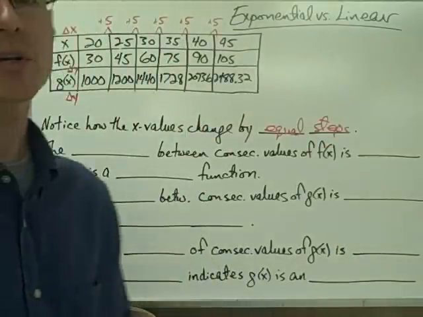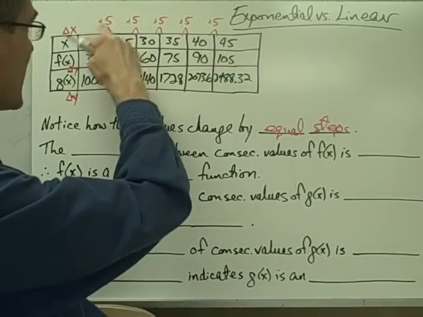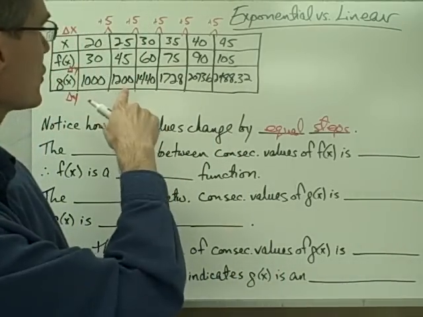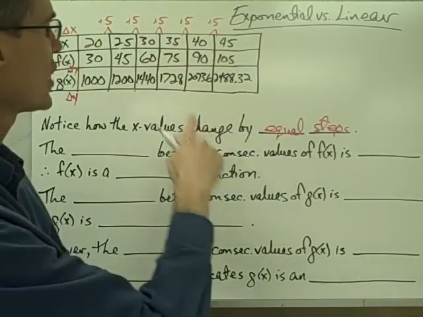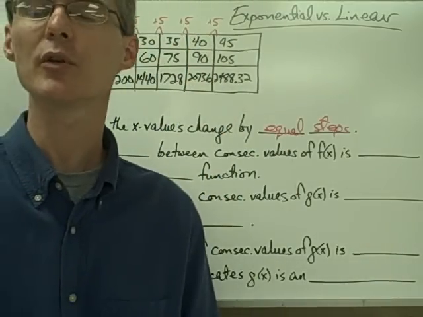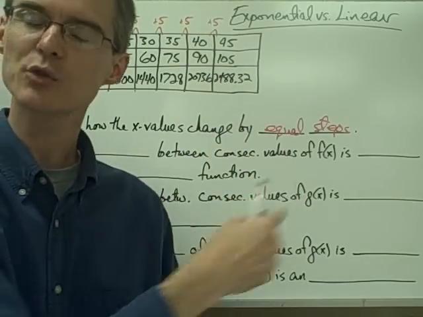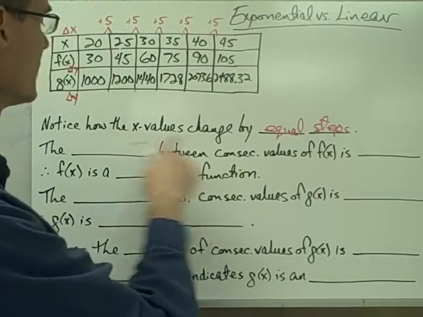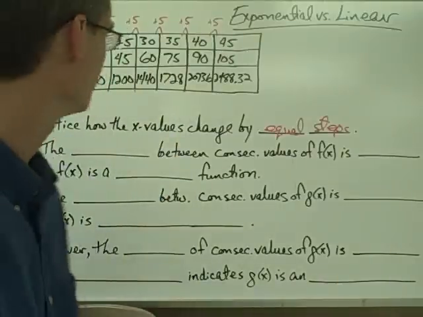And this wasn't that critical when we were looking at linear functions because we were just going to take the delta y's and divide by the delta x's to see if they were constant. Well, in order to determine if I've got an exponential function, it's actually important that the x values change by equal steps because we're going to be looking not just at the differences between consecutive y values, we're going to be looking at ratios. So I need the values between the different x values to all be the same.